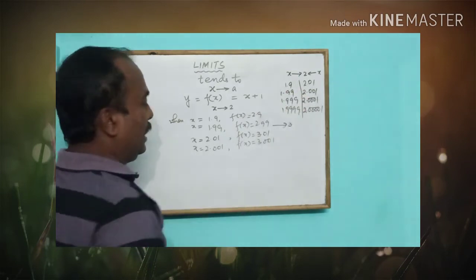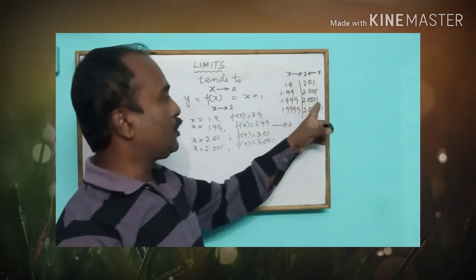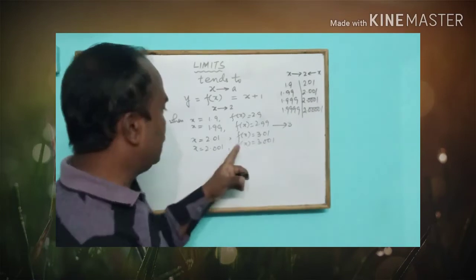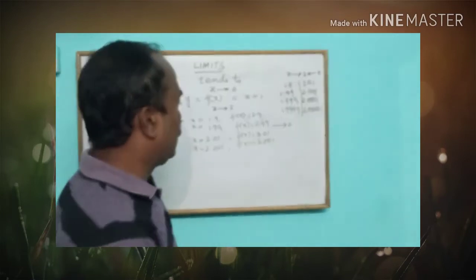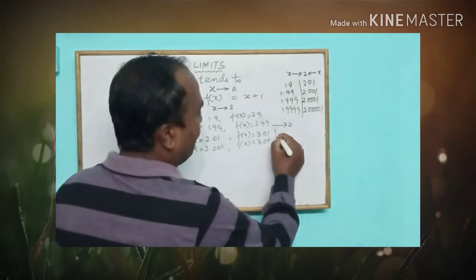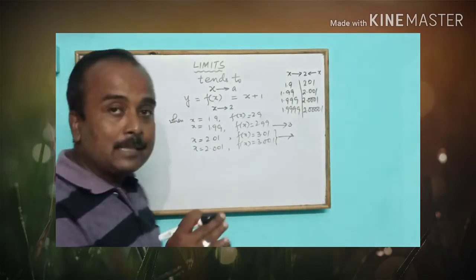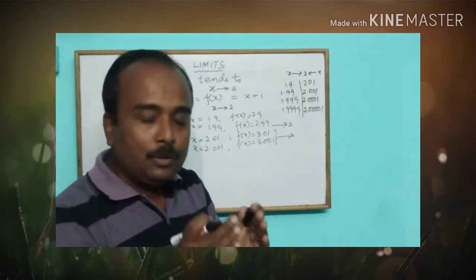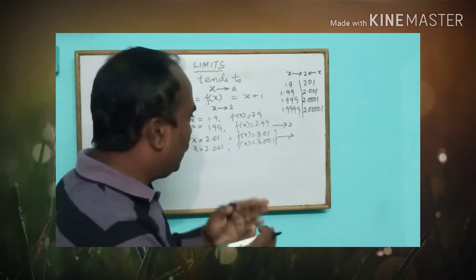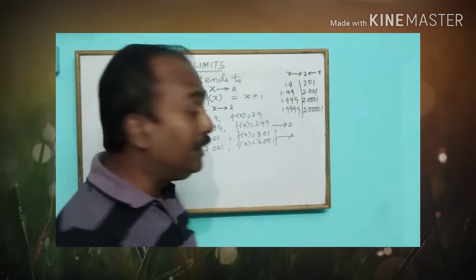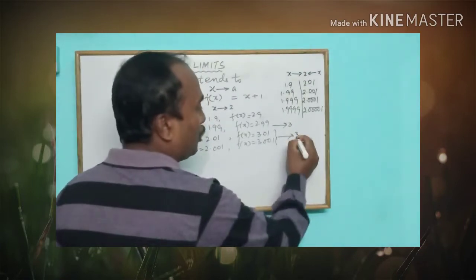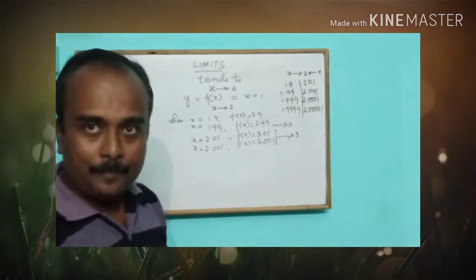Similarly, when x is 2.0001, then f(x) is 3.0001. So here also we see that the value of f(x) is not exactly equal to 3, but more or less near 3, or approximately equal to 3.